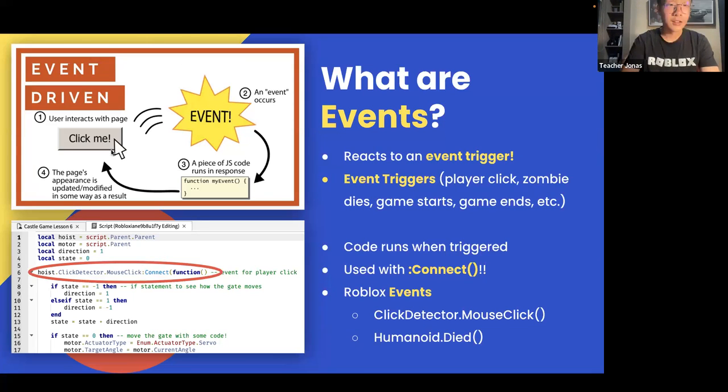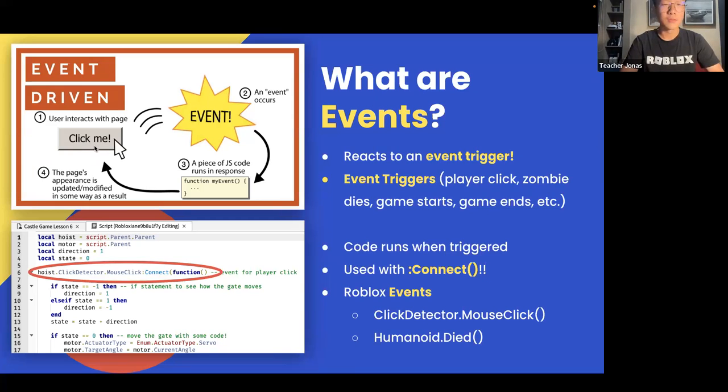So you can see this diagram here. For example, if you want a player to get some money by clicking a button, right? So when the user clicks the button, then you give the money, right? If the user doesn't click the button, then the user gets no money.